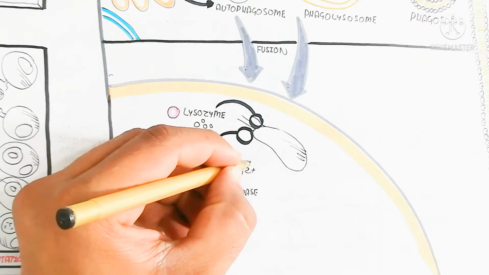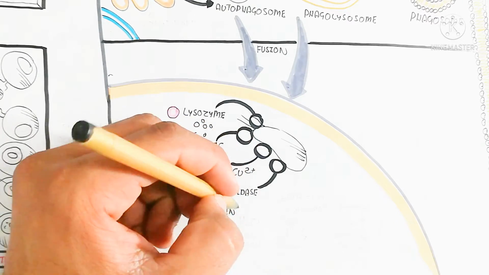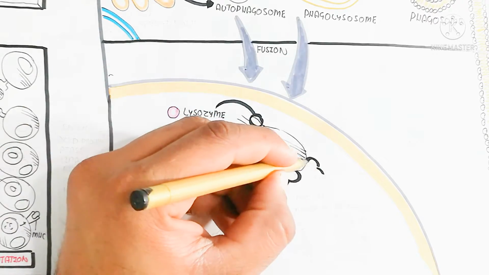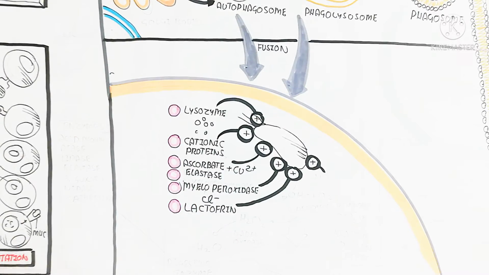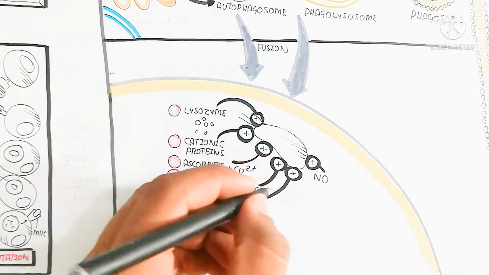Arginine is also produced, and arginine will produce nitric oxide. This nitric oxide and other contents and enzymes will neutralize the pathogen.